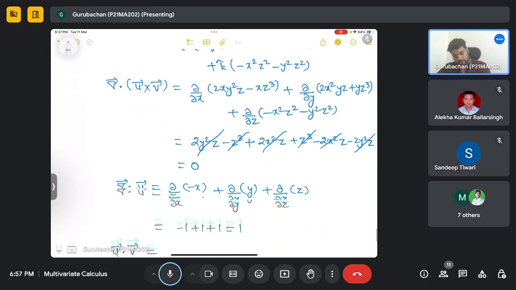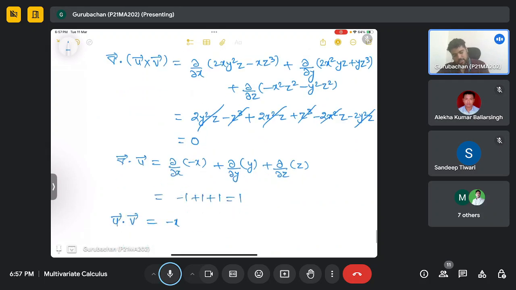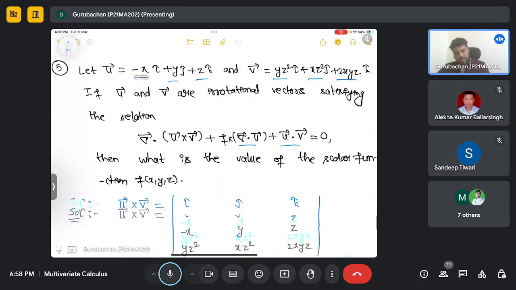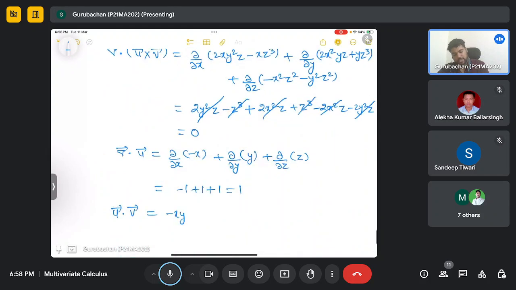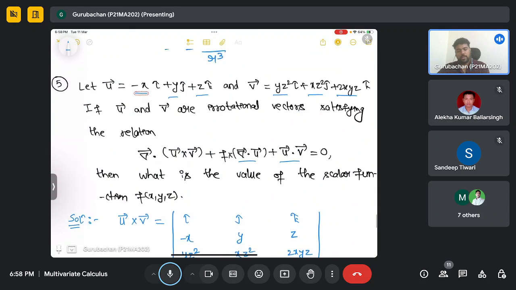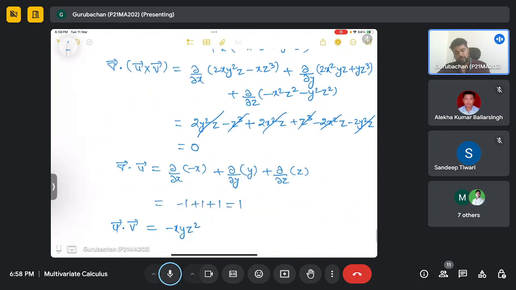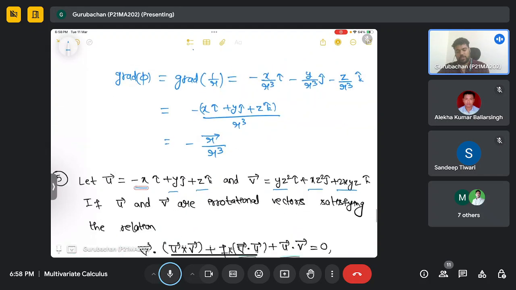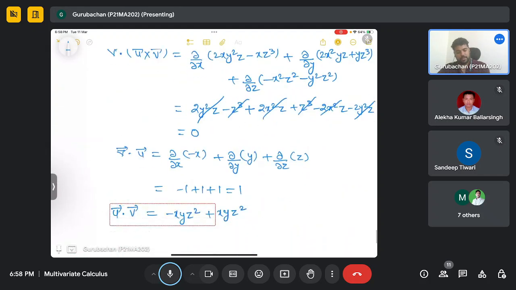This will give us minus xyz square. The other term is y into xz square, so this will give us xyz square. And the last one is z into 2xyz, which will give us 2xyz square.